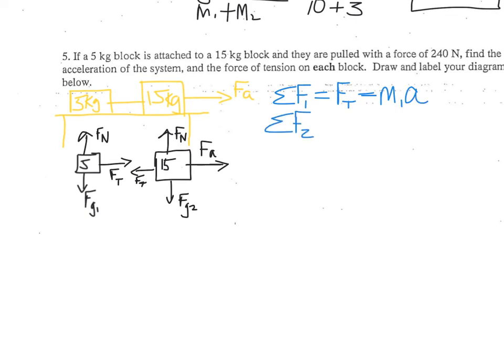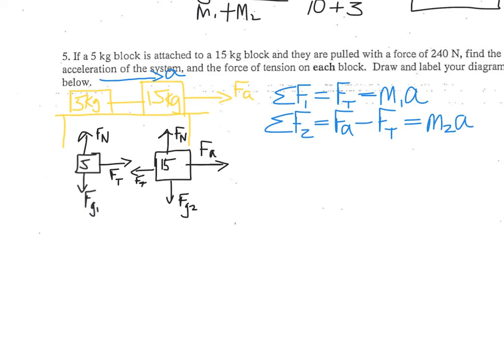Sum of the forces on object 2, we have an applied force to the right, tension force to the left, causes the second object to accelerate. They're both accelerating to the right due to the right applied force. Right is considered positive, so we don't have to mess with the signs at all.